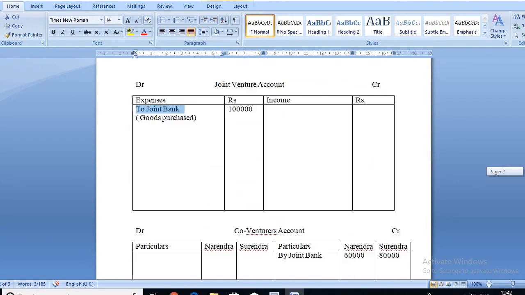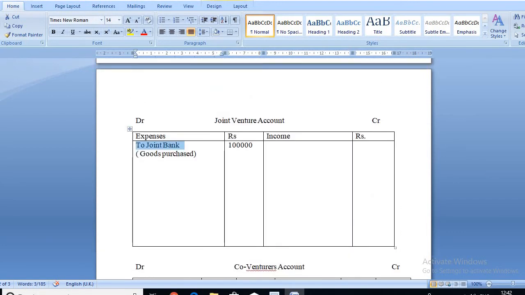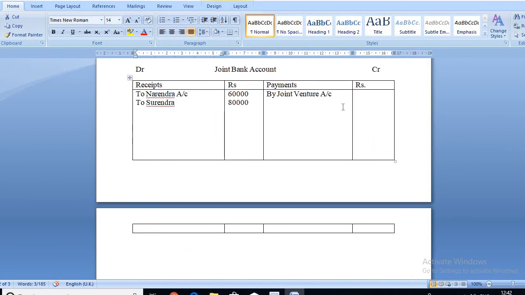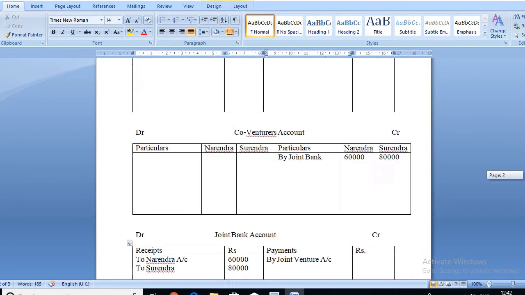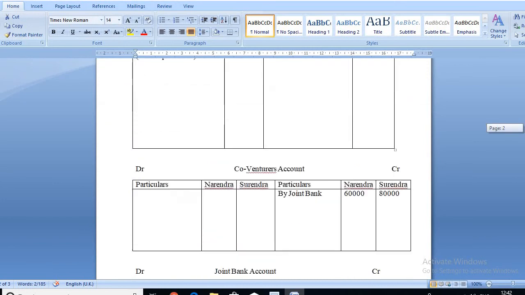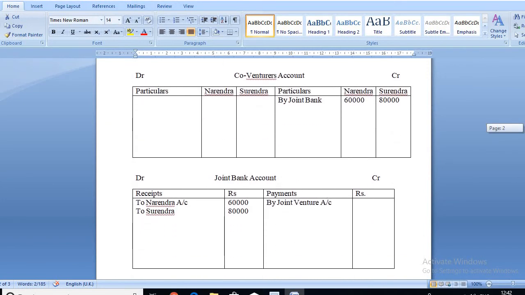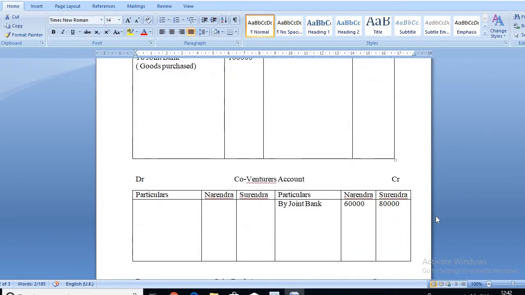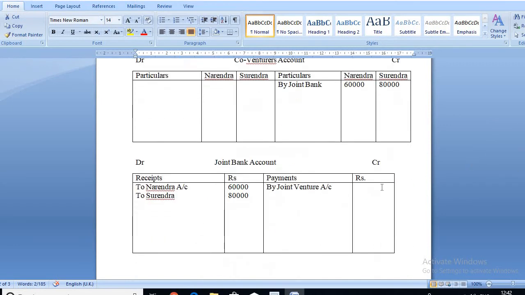So we have to make credit entry, that is opposite entry. So use the name by joint venture. What's the amount? 1 lakh. So the second entry is over.